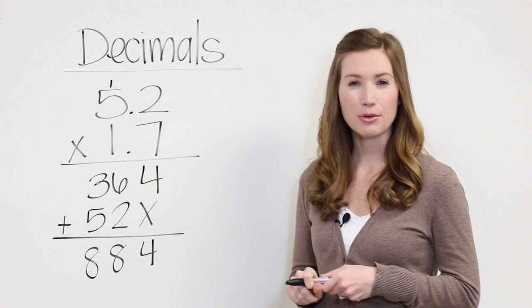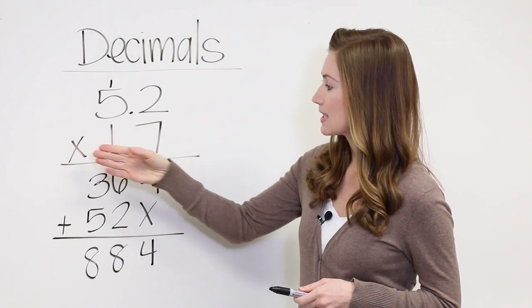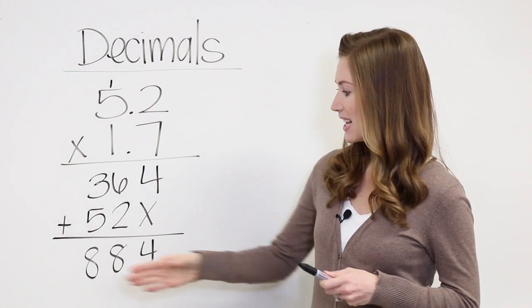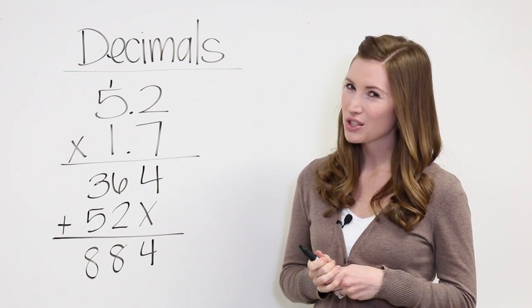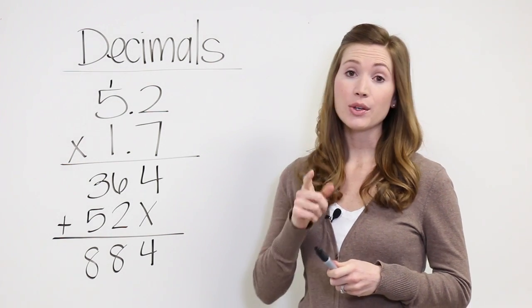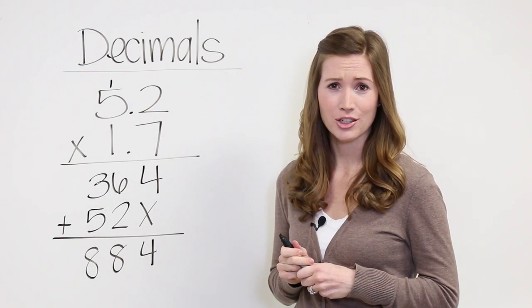Now if I don't account for my decimals, that's saying that 5 and 2/10 times 1 and 7/10 is 884. Does that sound reasonable to you? If you said no, you're correct. This number is way too large.